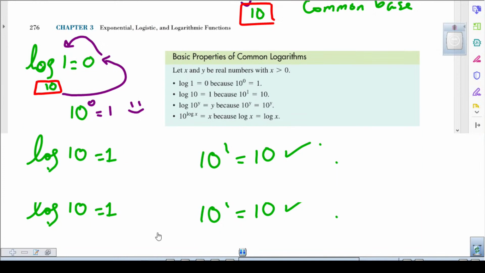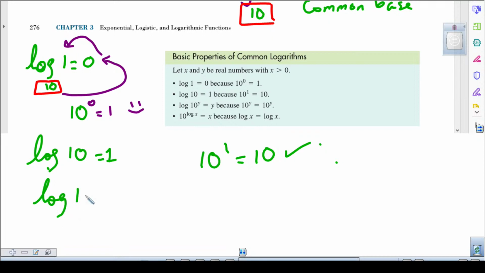And the other one says, let's say I have log base 10 of, for example, 2. Well, how much would that be? Log base 10 of 2. Well, what's down here?